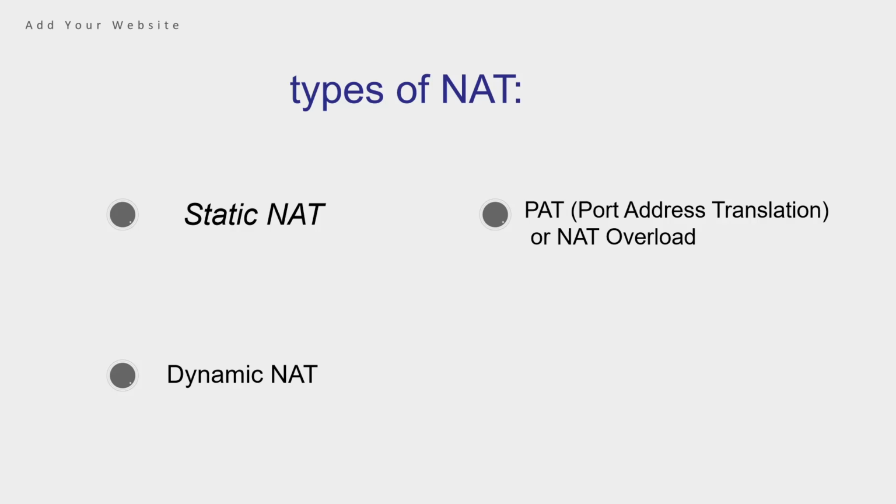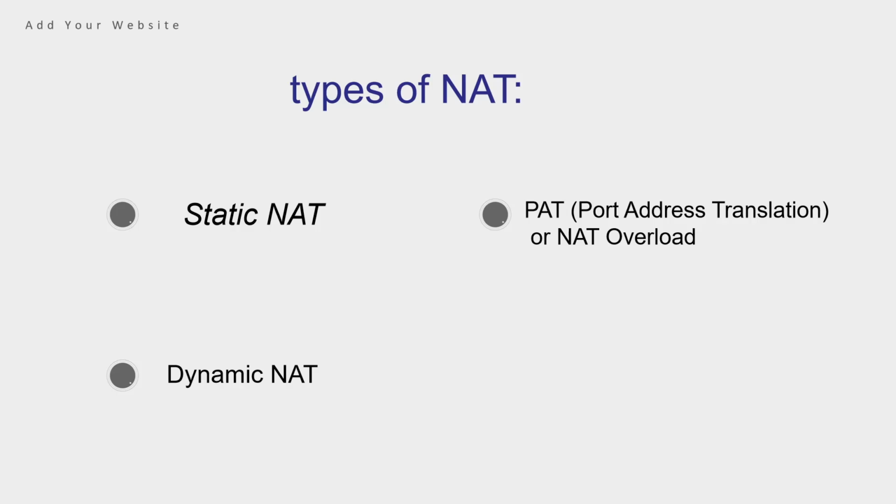But you have dynamic NAT. Dynamic NAT is when you create a pool, a list of public IP addresses that is ready to use. Let's say you have 10 employees and 5 public IP addresses, and you create a pool.